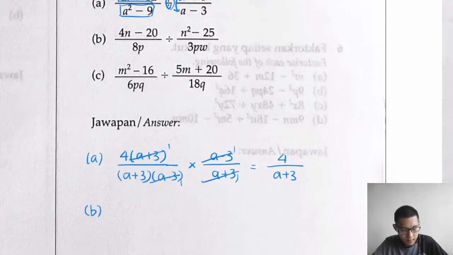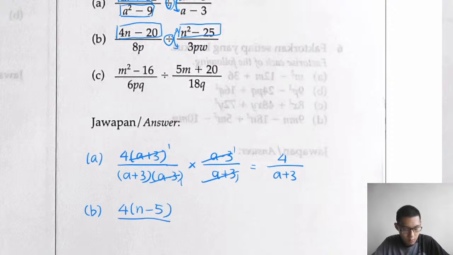Question B. 4m minus 20. Here we can try to simplify first. Here we can simplify. Here, because negative and divide, we can change it. Now we have 4m minus 5 over 8p times 3w divided by m squared minus 25, which is m plus 5 m minus 5.